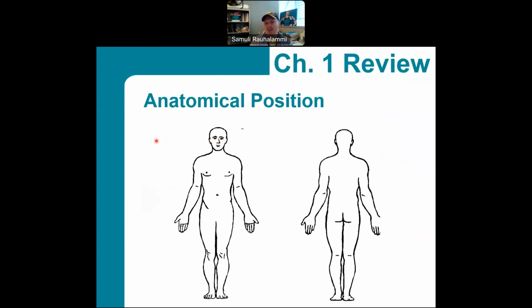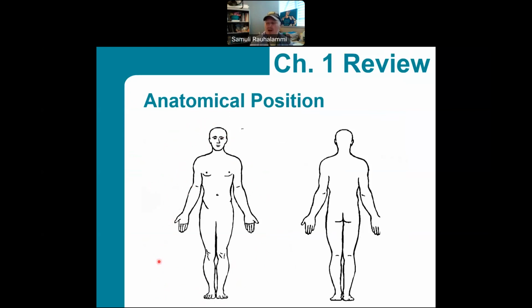A lot of the time when we get patients, for example in forensic work that I've done a lot, the patient is definitely not in this position. The patient might be in very awkward positions or might even be missing body parts in forensic settings. However, when we write medical notes, when we study the body, when we communicate that, we always write and communicate assuming that the patient was in this position.